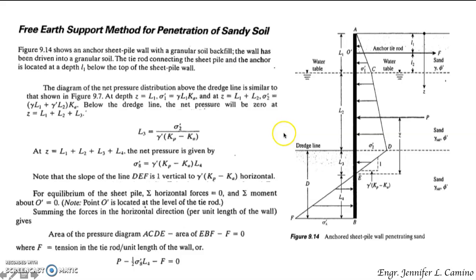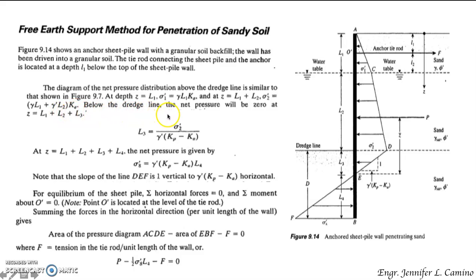In the diagram, we have the pressure distribution above the dredge line similar to what we have discussed in figure 9.7. Basically, at depth Z equal to L1, sigma sub 1 is equal to gamma times L1 times K sub A. When Z is equal to L1 plus L2, sigma sub 2 prime is equal to this expression.